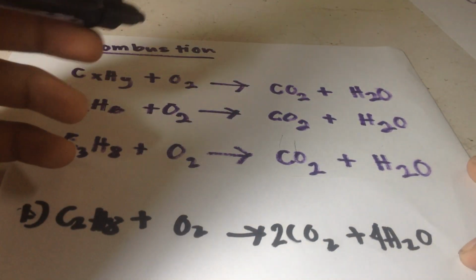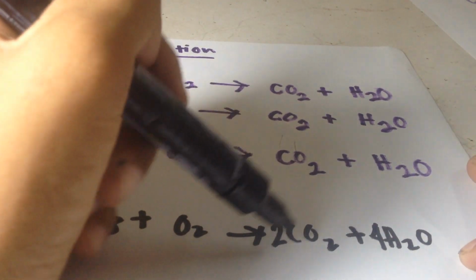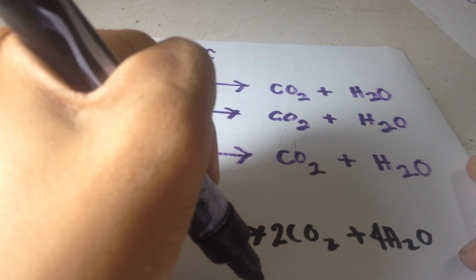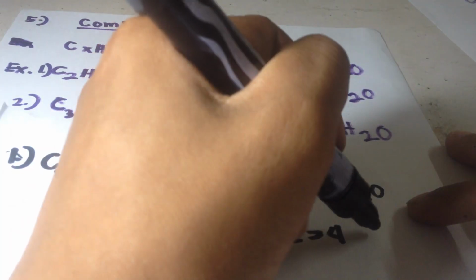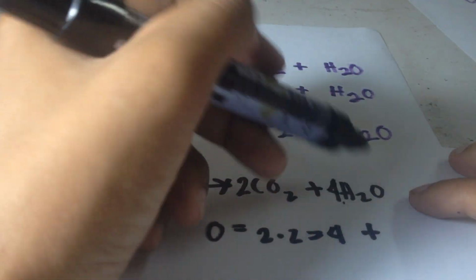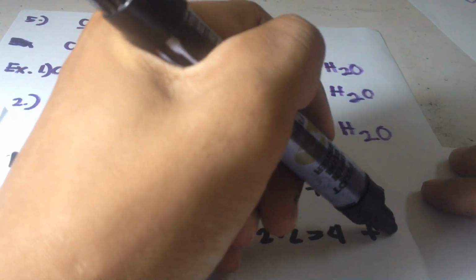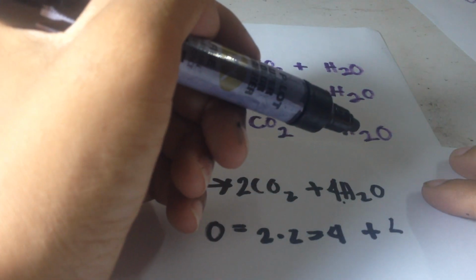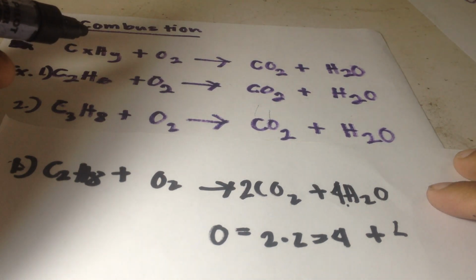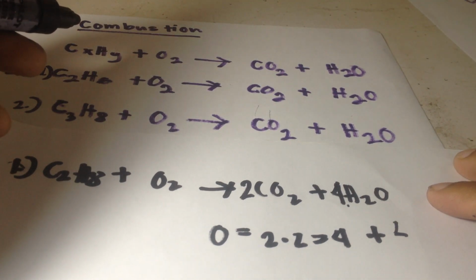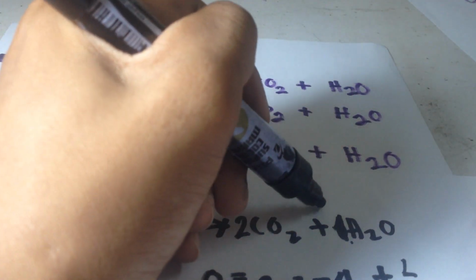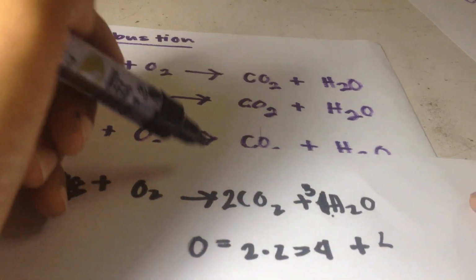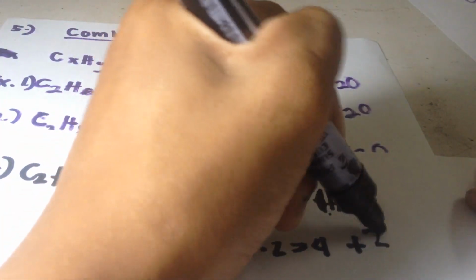Okay, then 2 times 2 in oxygen, which is 4. So in oxygen, you need to write 2 times 2 equals 4 plus 3 times 1 equals 3.